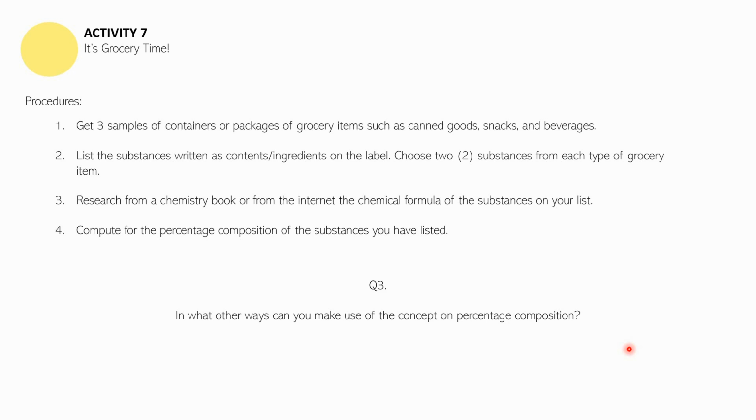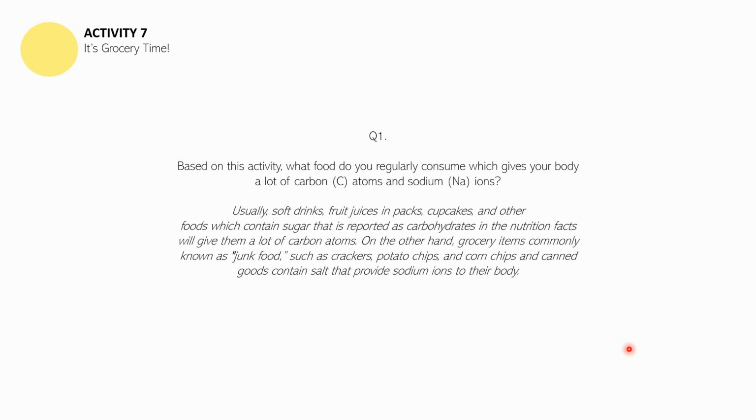If you have decided to continue, let us proceed now with answering these questions. Alright, so question number 1, usually soft drinks or fruit juices in packs, cupcakes and other foods which contain sugar that is reported as carbohydrates in the nutrition facts will give you a lot of carbon atoms.